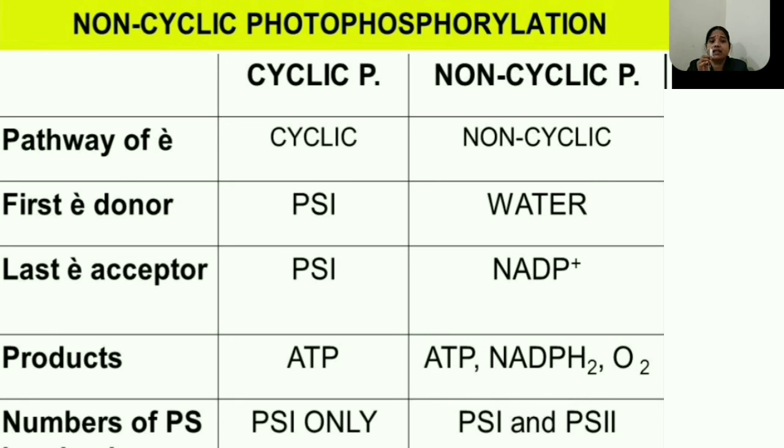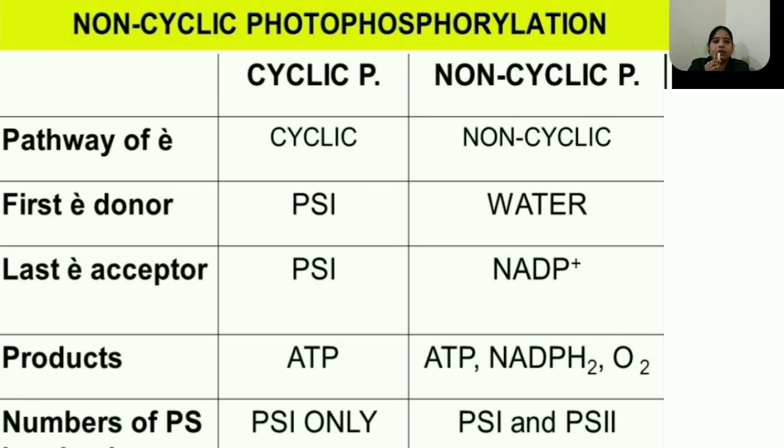In cyclic, light energy is absorbed at 700 nm wavelength, but in non-cyclic, light energy is absorbed at 680 to 700 nm.